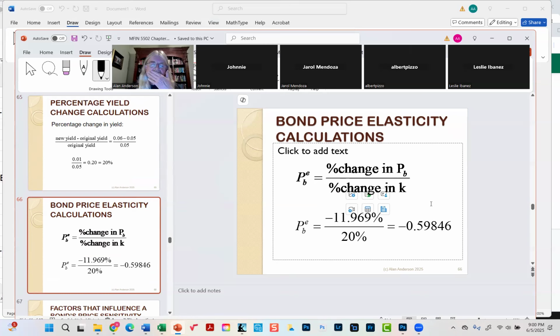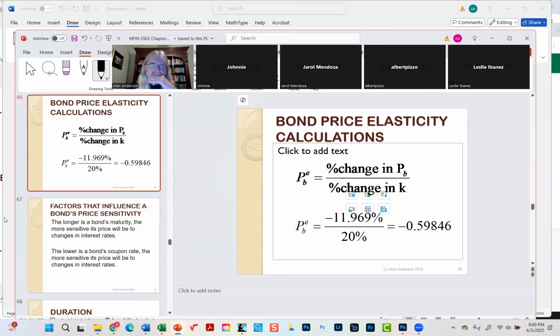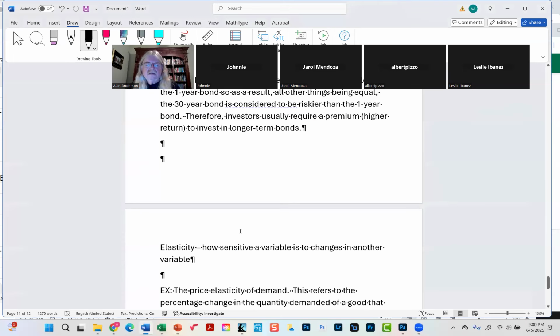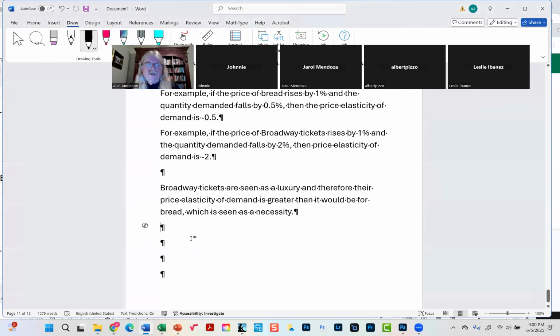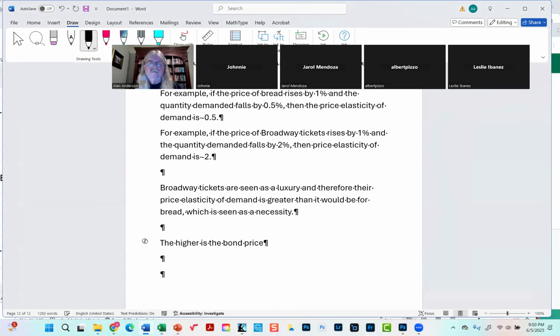Now, if we could find another bond, the higher the bond price elasticity is, the more sensitive the bond is to changes in interest rates.